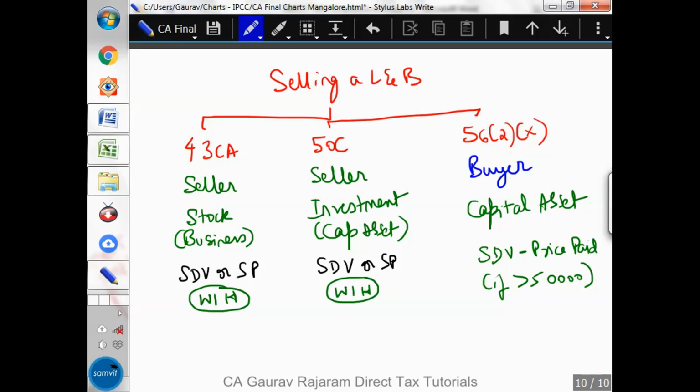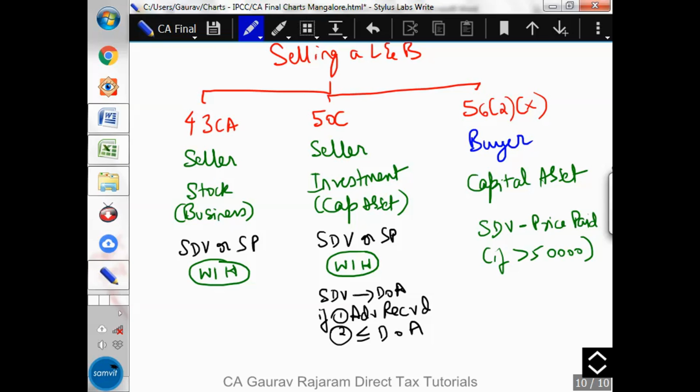The question is, which SDV should you check? There could be two SDVs, date of agreement or date of registration. Now 50C, the SDV will be checked on the date of agreement if advance is received on or before the date of the agreement, in the three modes specified: account payee cheque, account payee draft, or ECS through a bank account.